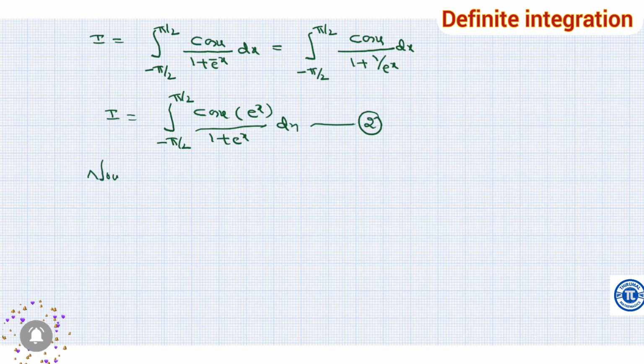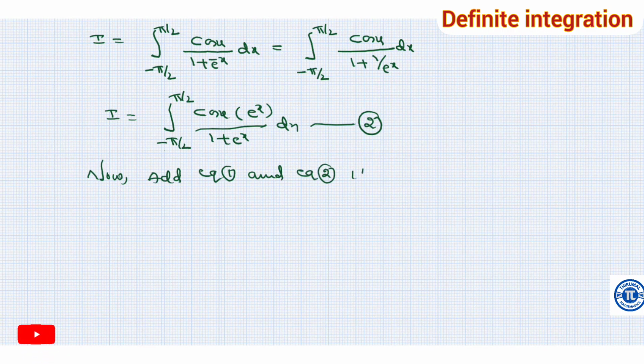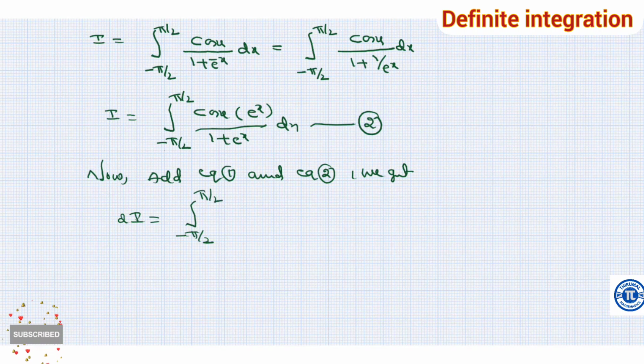Okay, now add equation number 1 and equation number 2. Then we get I plus I, which is 2I, equal to integration minus pi by 2.